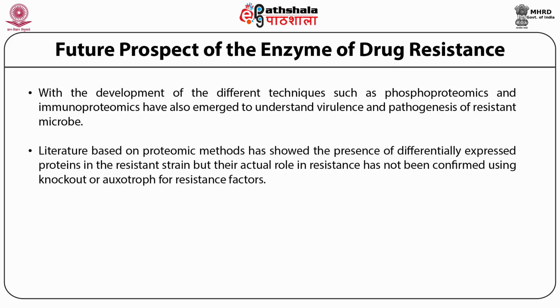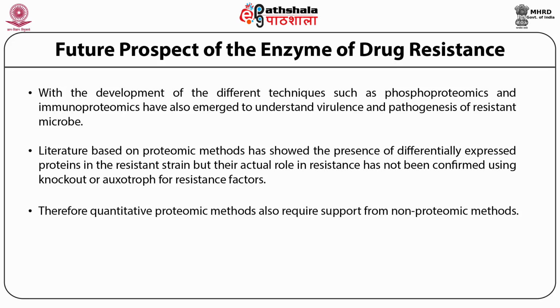Literature based on proteomics methods has shown the presence of differentially expressed proteins in resistant strains, but their actual roles in resistance have not been confirmed using knockouts or auxotrophs of the resistance factor. So if you want to signify the role of different proteins identified by proteomics, then we have to create the knockout or the auxotroph of the resistance factors.